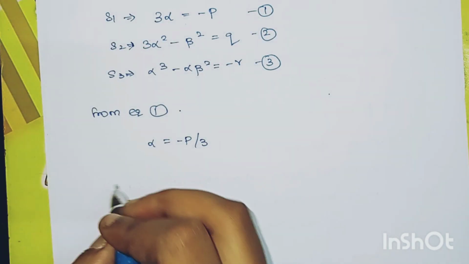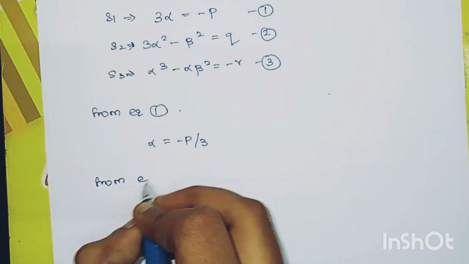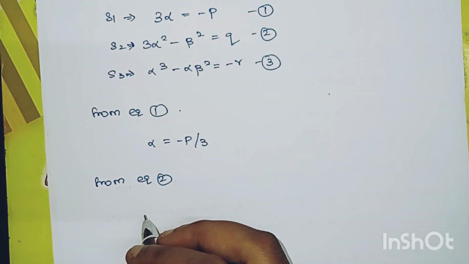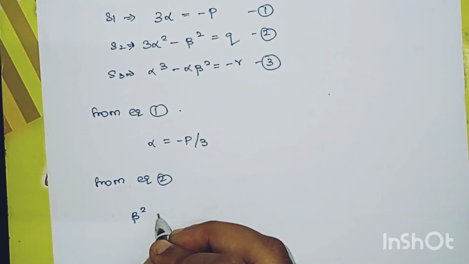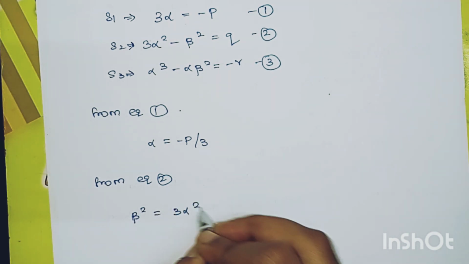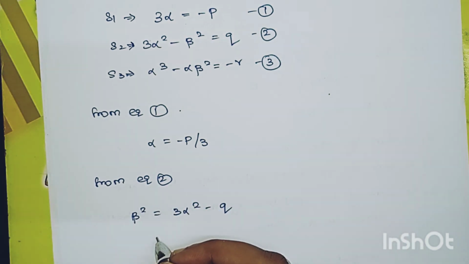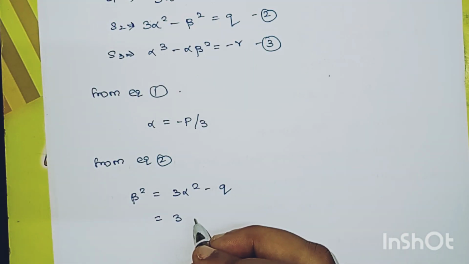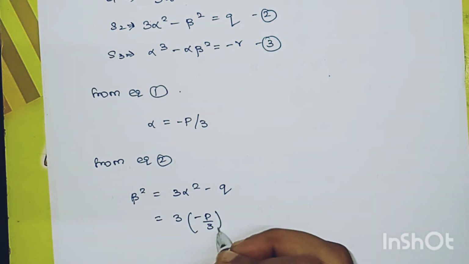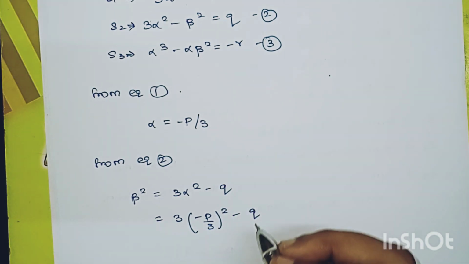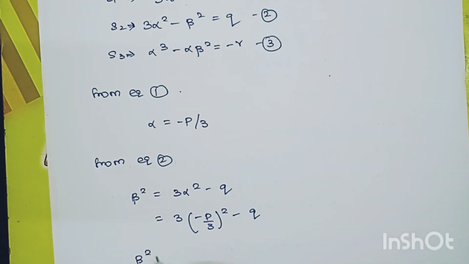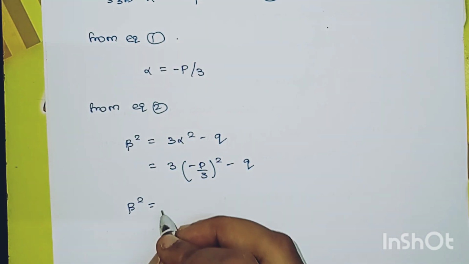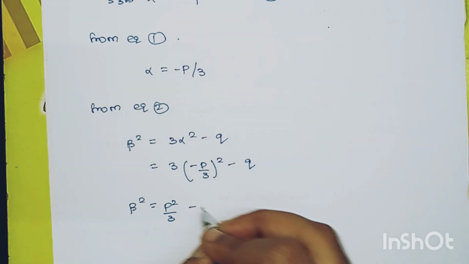From equation 2 we get beta square is equal to 3 alpha square minus q. Now substitute the value of alpha in this equation, that is 3 into minus p by 3 the whole square minus q. So you will get beta square is equal to p square by 3 minus q.